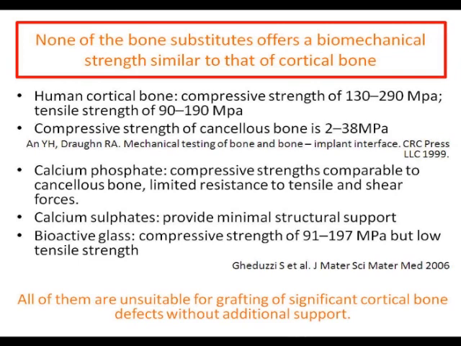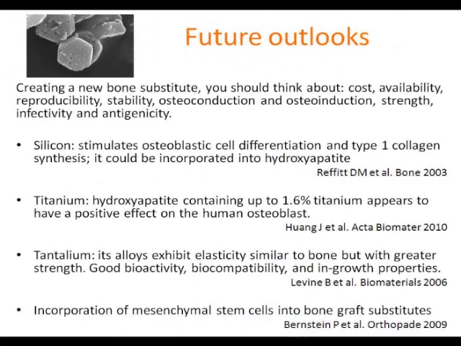In the future, we can use silicon, we can use this kind of titanium, but the trabecular titanium is not one solid block piece of titanium. It's a powder melted and built up in a three-dimensional porous structure. Tantalum as well is very much used in orthopedic surgery with very good bioactivity, biocompatibility, and ingrowth properties. And all these materials show the ability of incorporating mesenchymal bone stem cells on the surface.